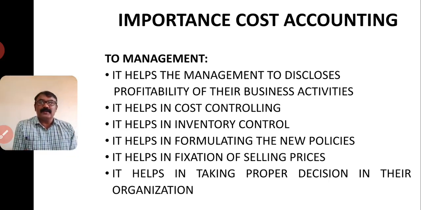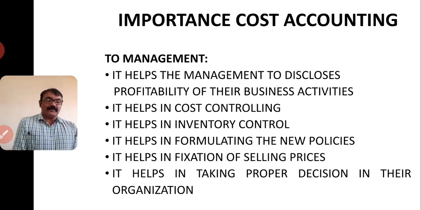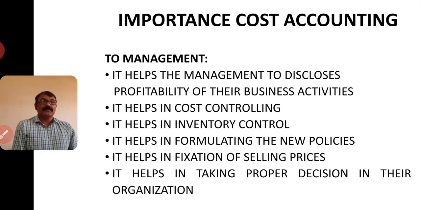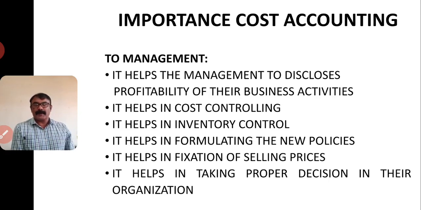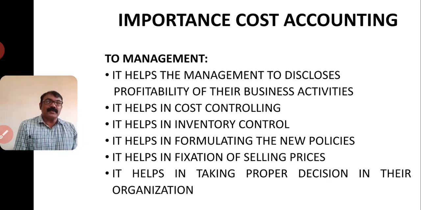Likewise, the third one: it helps in inventory control. Inventory control is very important in manufacturing industries. The smooth functioning of production and the smooth supply of raw materials is very important. If the supply gets stuck, the production will stop and the cost will increase. That's why it helps in inventory control.